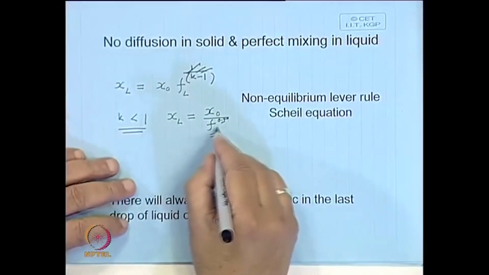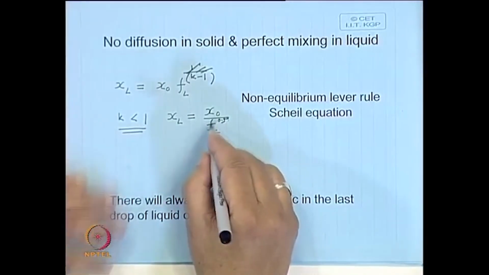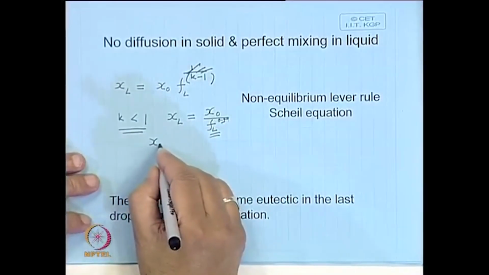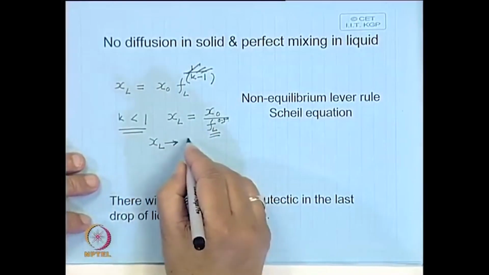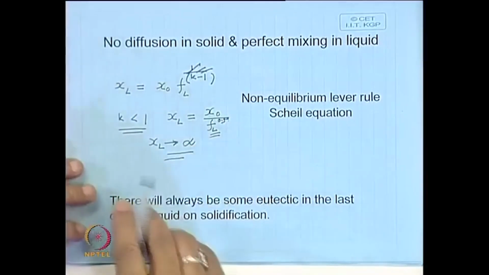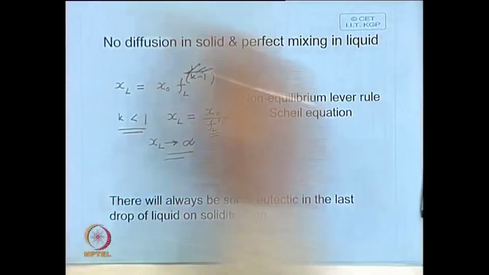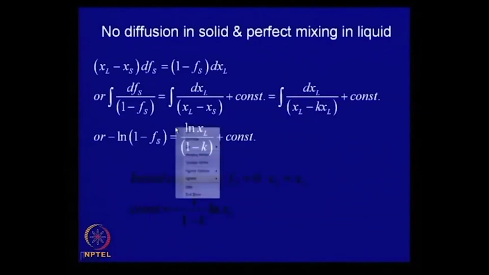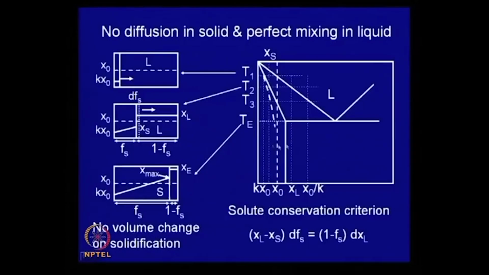Now, suppose this fraction liquid becomes very small. In that case, what it shows is that x L increases, approaching infinity. So, what does this mean? This means if we go back a couple of slides, here, as the solidification proceeds, x L can easily reach this point.